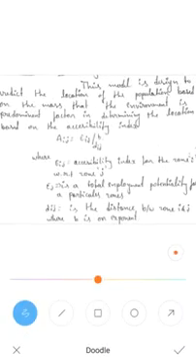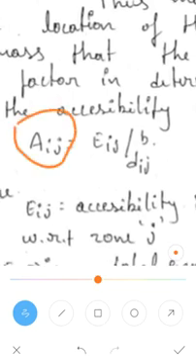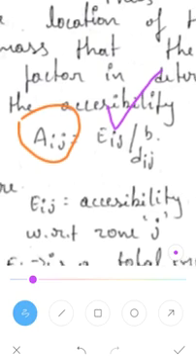If you see the exact equation, Aij is equal to Ej divided by Dij to the power B. Before going further, Aij is the accessibility index for zone I with respect to zone J. Next is Ej.